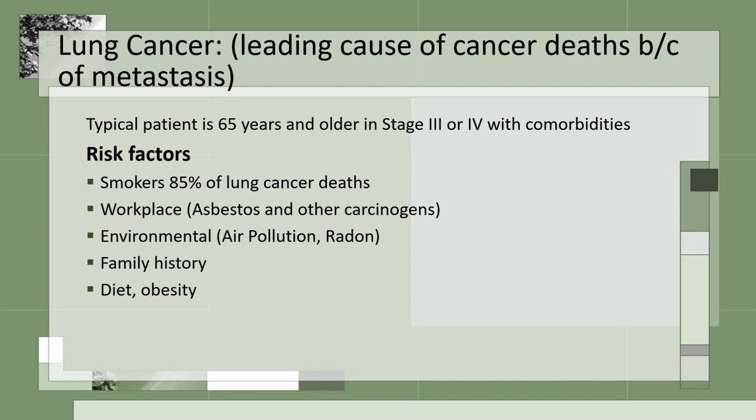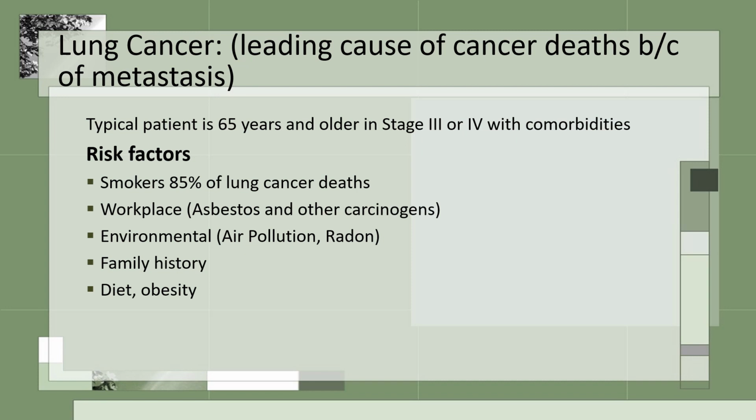Lung cancer, we're going to talk about that now. Lung cancer is the leading cause of cancer deaths because of metastasis. The typical patient is 65 years old and in stage 3 to 4 when they find out they have the cancer. The risk factors are, the number 1 is smokers.